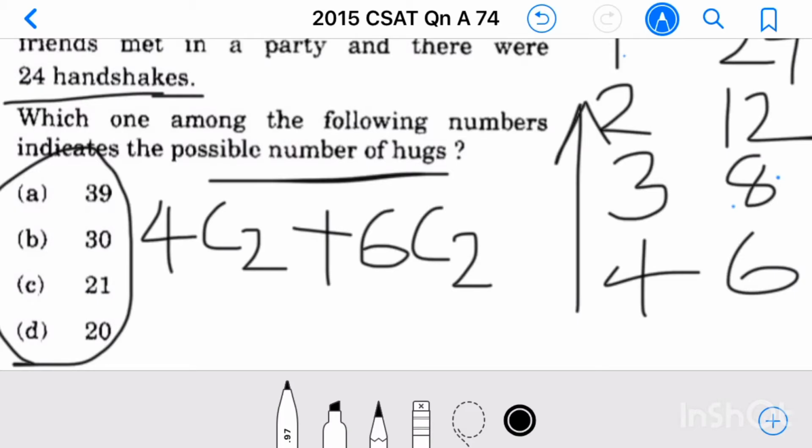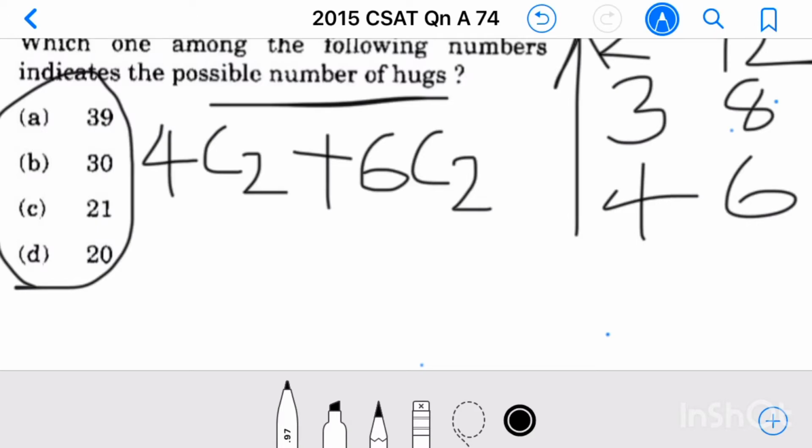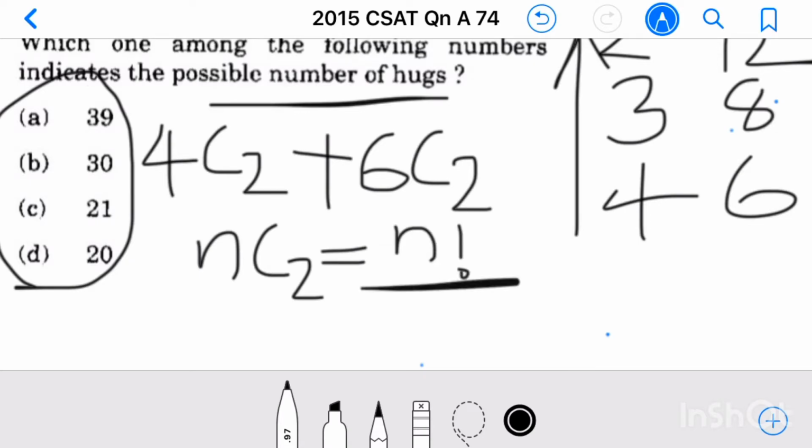So 4C2 equal to, combination equation we know, nCr equal to n factorial divided by n minus r factorial into r factorial.